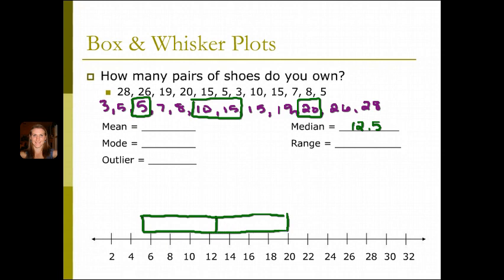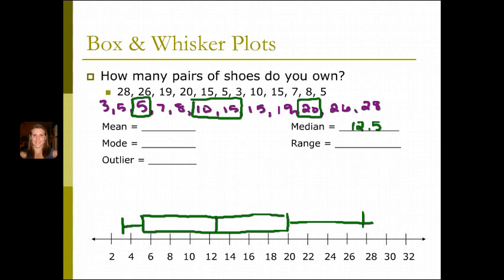Our lower range, which is 3, is our minimum. So make our whisker there. And then our upper set of data is 28. So we're going to plot that. Oops, excuse me, I made that a little long. And that's going to be our box and whisker plot.